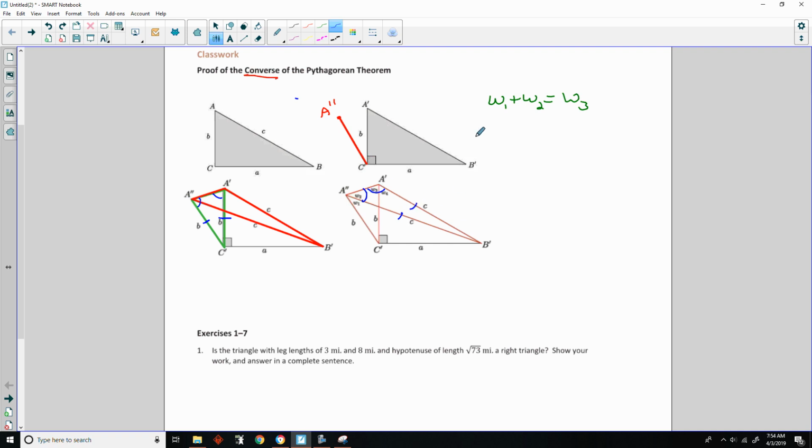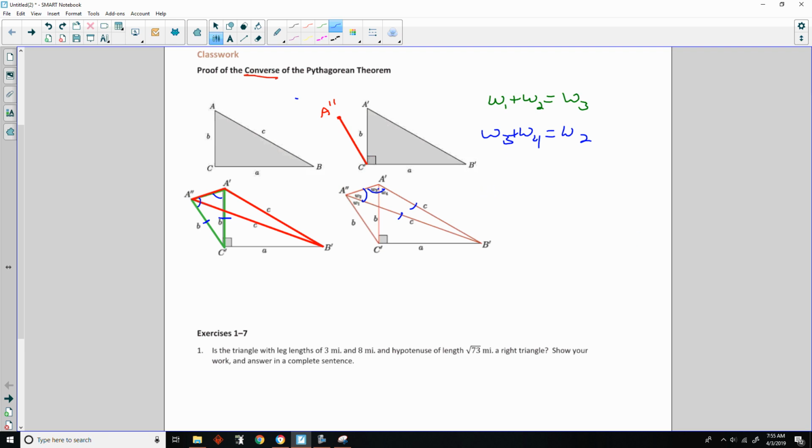So therefore, we can then say W sub 2 equals, not plus. W sub 2 is all by itself in this one. In that case, we have W sub 2 equal to W sub 3 plus W sub 4. Okay, so this angle plus this angle equals this angle because W3 plus W4 is opposite C, and W2 is opposite side C, so therefore they're congruent as well.